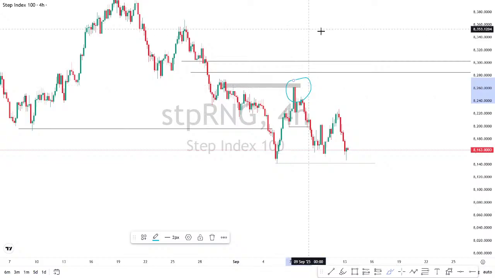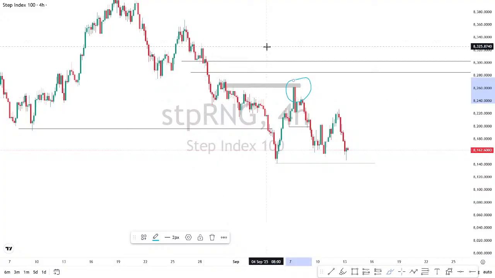Then come back to this fair value gap I just marked out. So I am expecting this particular movement to be a creation of inducement, because I am expecting market to come back to this fair value gap to fill up every other places that is not balanced.